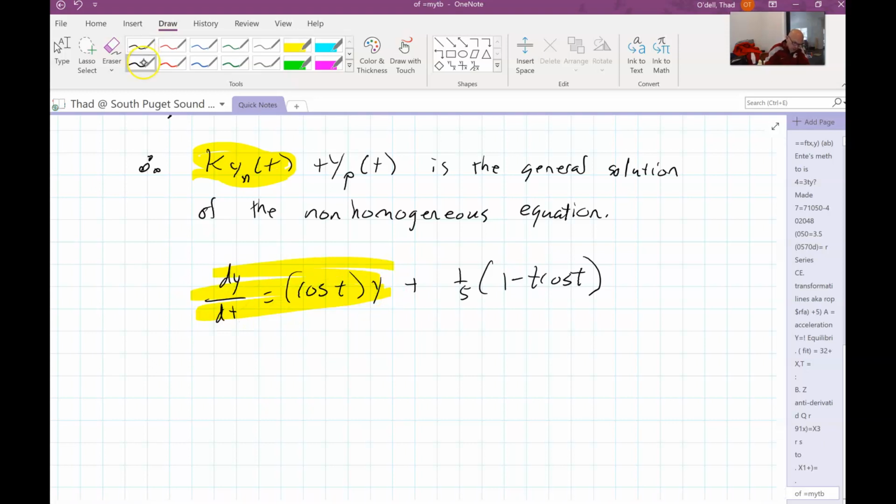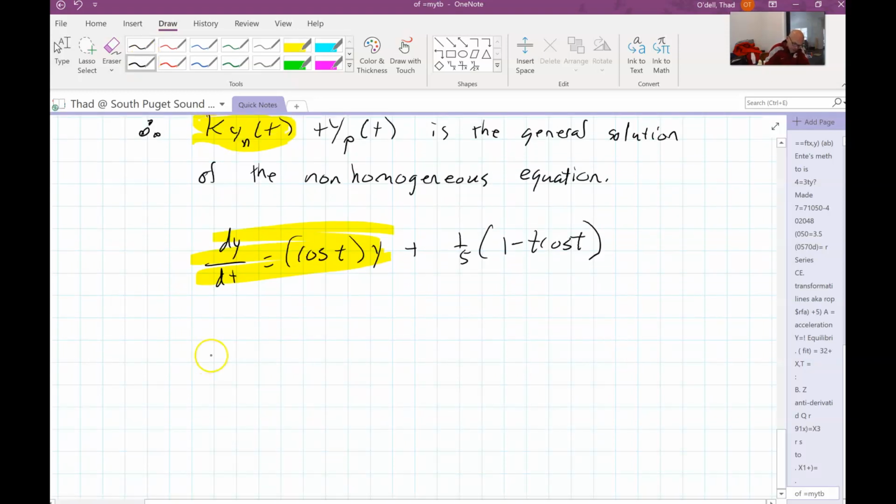We can do that by separation of variables, and we get dy over y equal to cosine t dt.